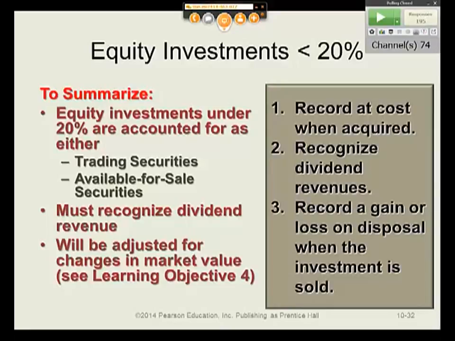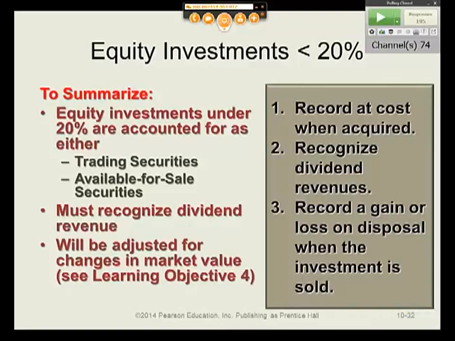So when you have an investment that's less than 20%, you don't have any control over the other company. It's recorded at cost. It is marked to fair value. You recognize dividend revenue, and you record gains and losses on sale. That is a realized gain. Notice that changes in fair value are also recognized, and changes in fair value are known as unrealized gains.